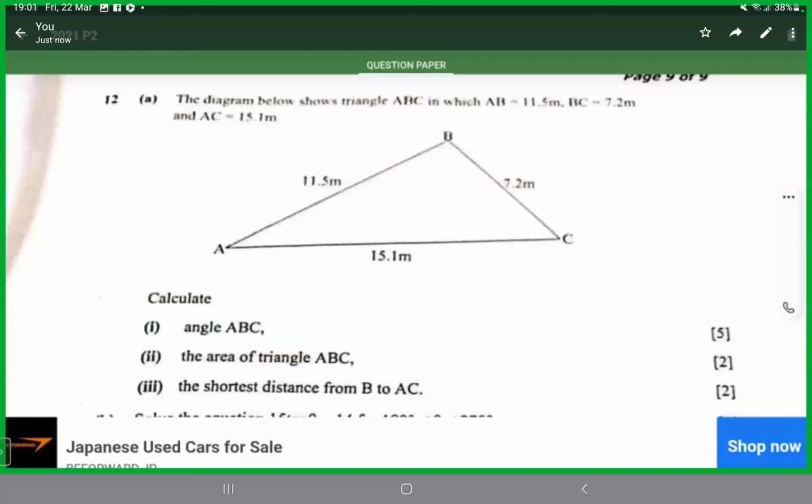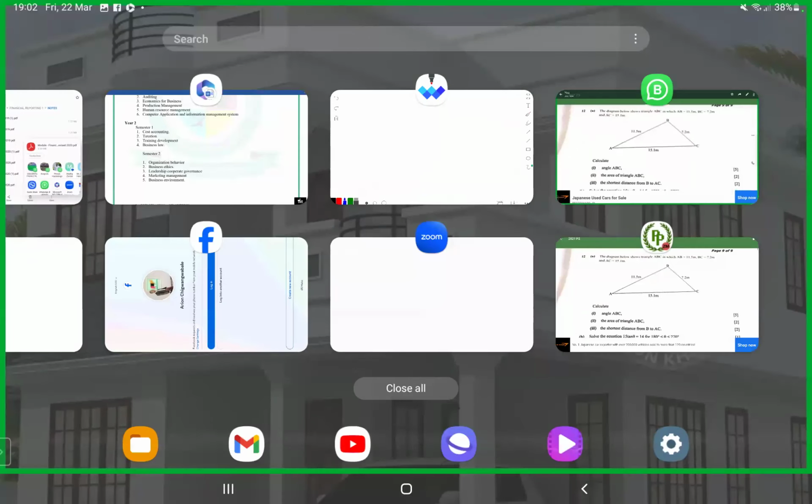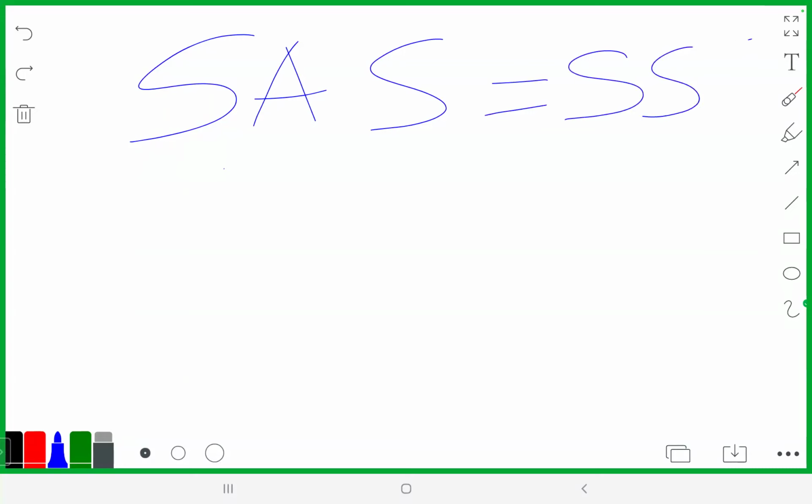Cosine rule is used when you have a side, an angle, and a side in between, or when you just have sides, so that you can find an angle. This is when you use cosine. Then when do you use sine rule?